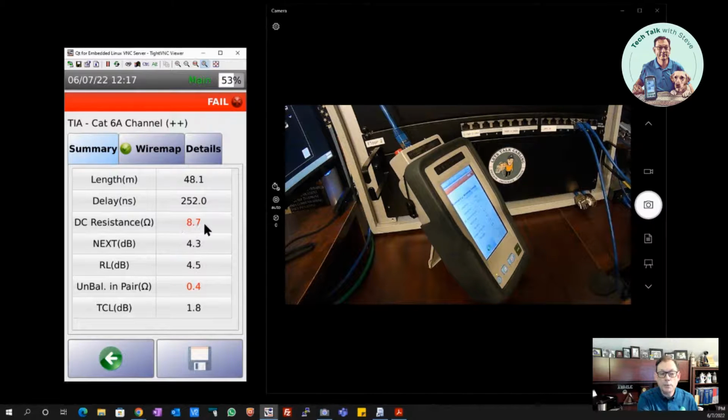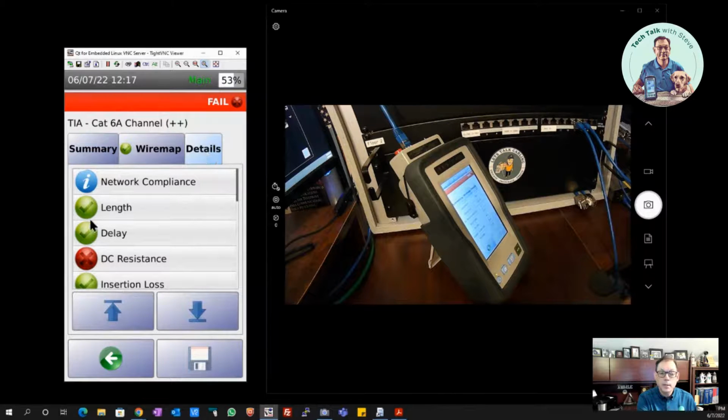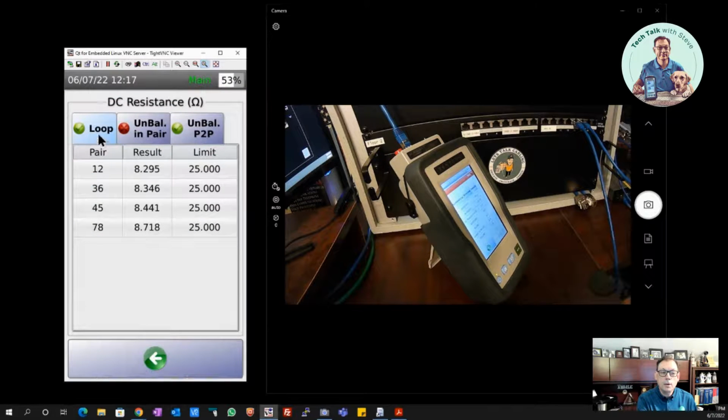It's highlighting in red because one of my resistance parameters has failed, and it's showing me down here I've got an issue with my unbalance in pair. Now I can go to that details screen and look at the DC resistance. And we can see our loop resistance is fine. Everything is well below the 25 ohms. I'm going to go over here to the pair to pair.